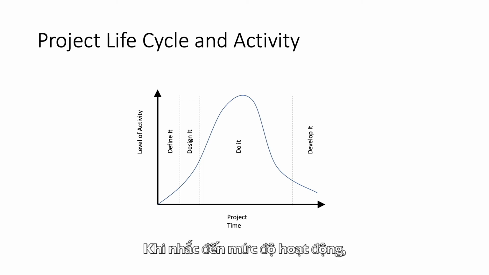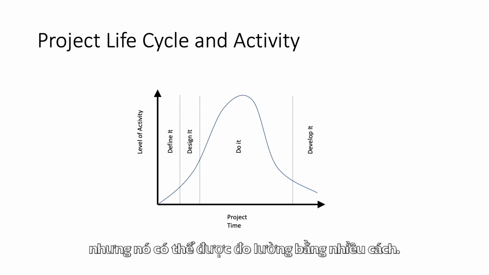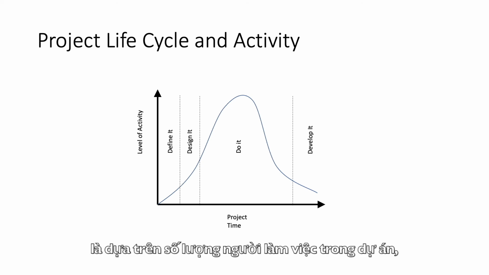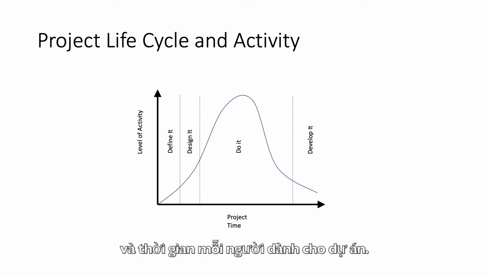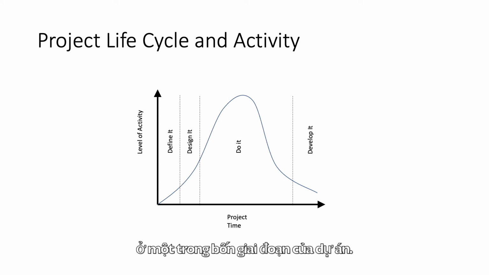When we say level of activity, we're not defining that very well, but it could be measured in any number of ways. One common way to measure that would be in terms of the number of people working on the project, the amount of time each person is putting on the project, or it could be the amount of money that's being spent on the project. But basically, we want to measure in general terms how much activity is ongoing during each of the 4 phases.